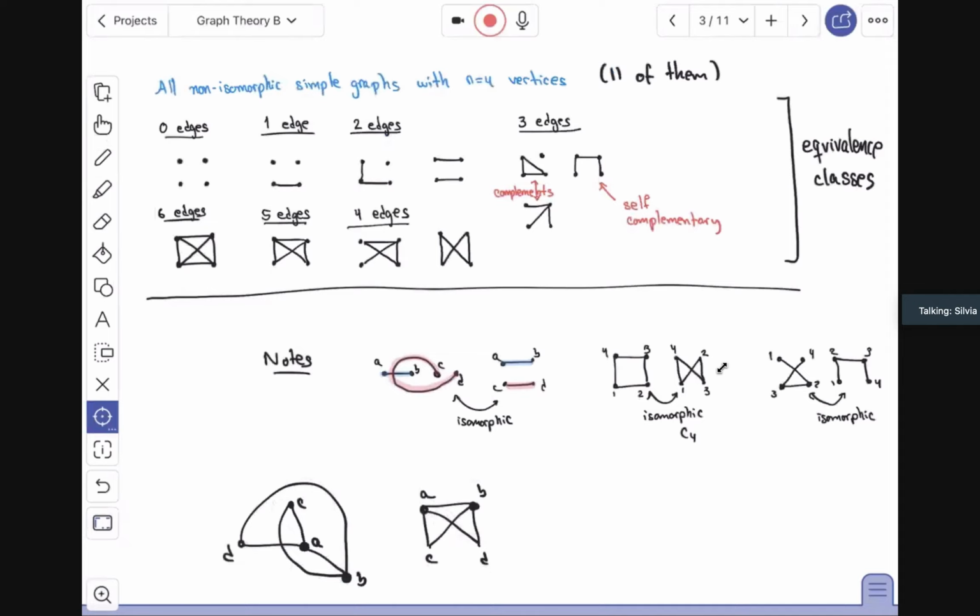So that's what we're doing. So they're equivalent. They're in the same equivalence class, right?